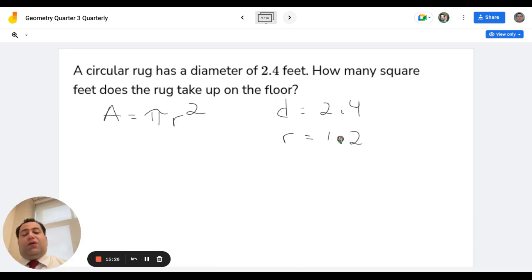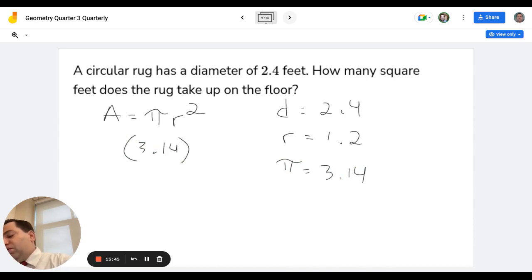Okay, so now that we have the radius, we know pi is equal to 3.14. And now we plug our numbers in. So we have 3.14 times 1.2 squared. Okay. 1.2 squared is going to be 1.44.